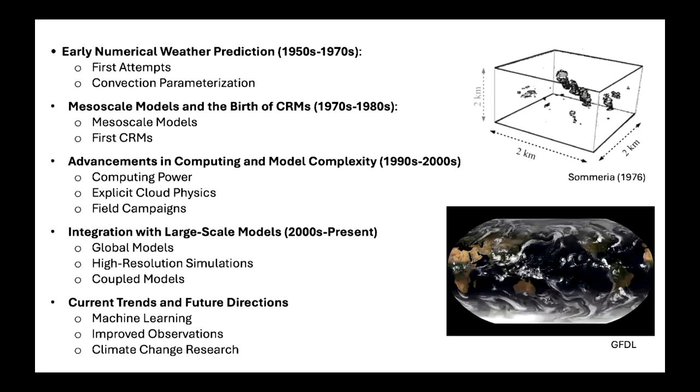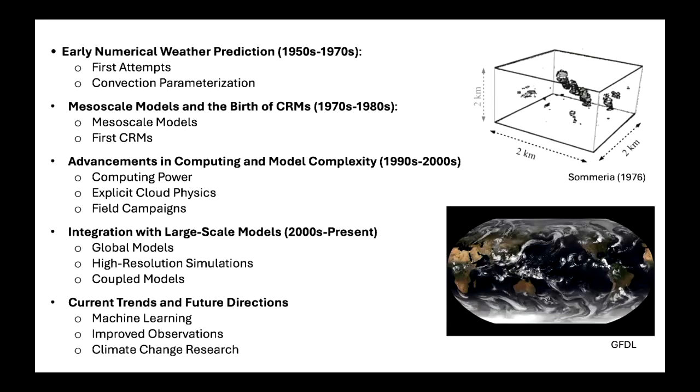There were also a lot of field campaigns during that period with aircraft observations, ship observations, ground-based observations, which collected a lot of in situ observational data that helped develop our models, our parameterization, and also helped validate these simulations.